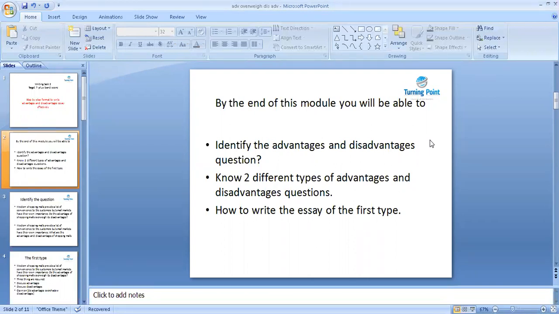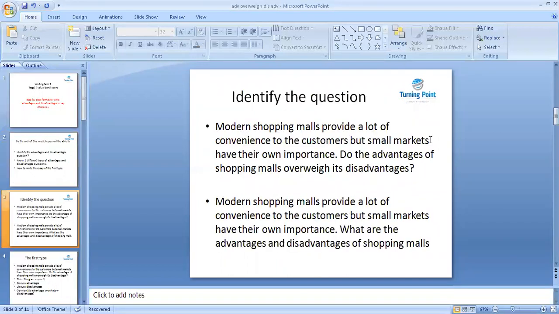You'll come to know that there are two different types of questions, and we will see the format of the first question type. So guys, how do we identify a question of advantages and disadvantages?